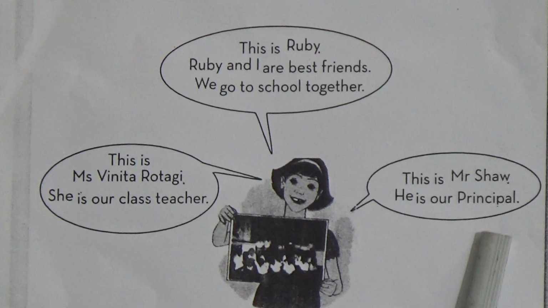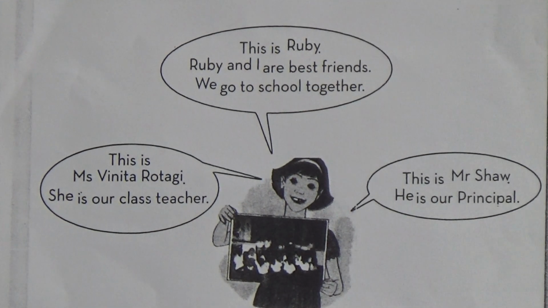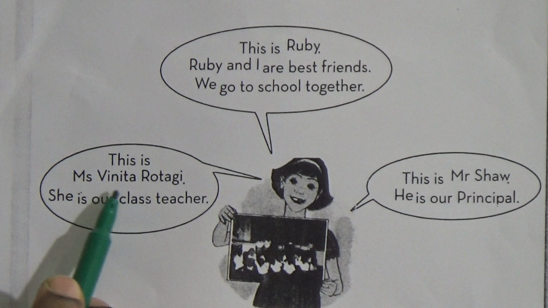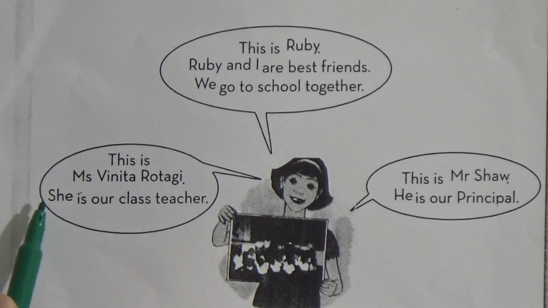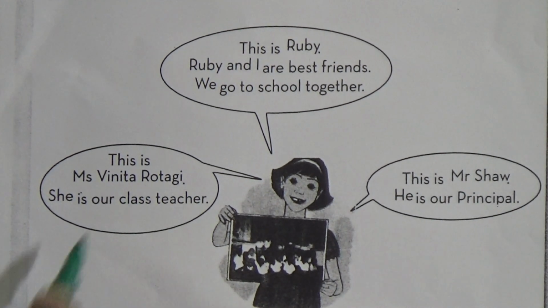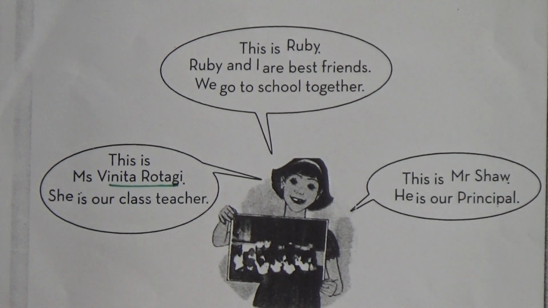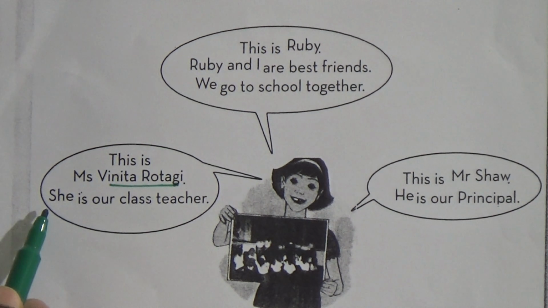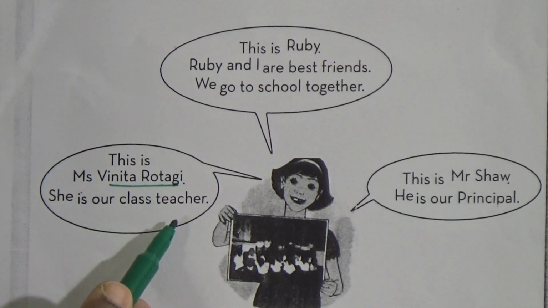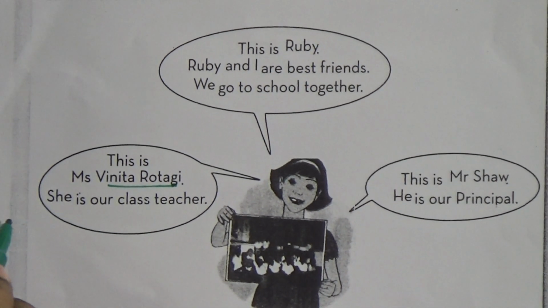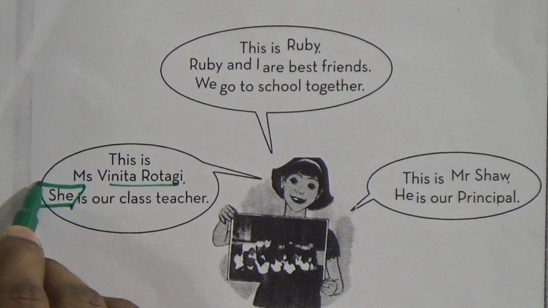He is our principal. So in this sentence you can see this is Miss Vinita Rutagi. She is our class teacher. We could say Miss Vinita Rotagi is our class teacher. Instead of her name, we are using she.